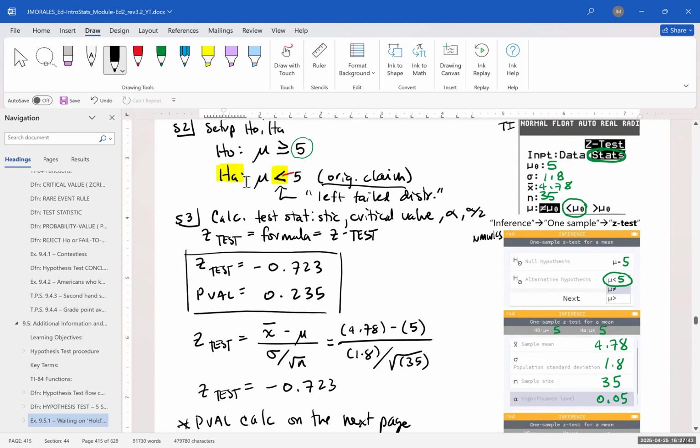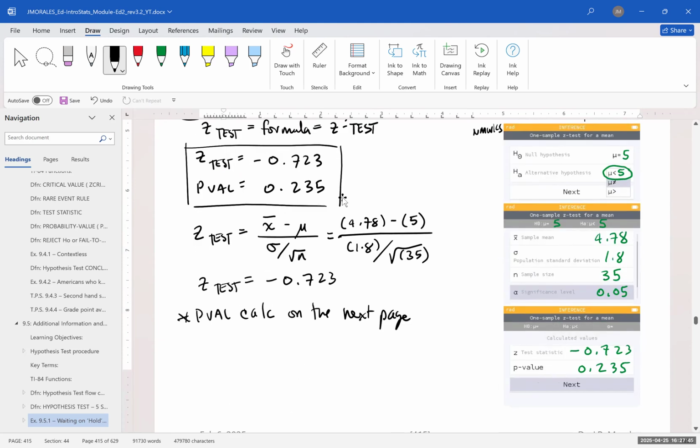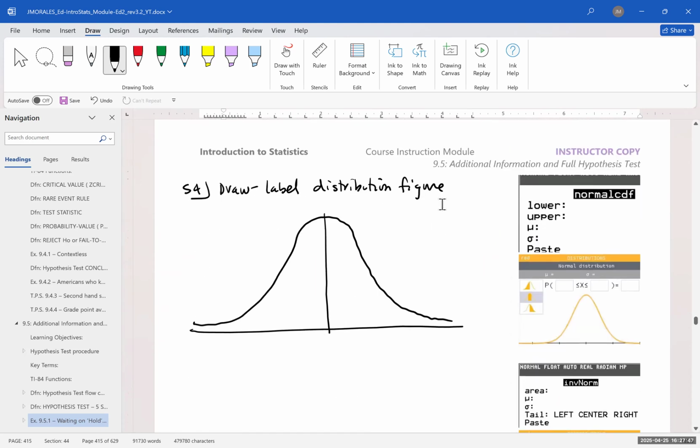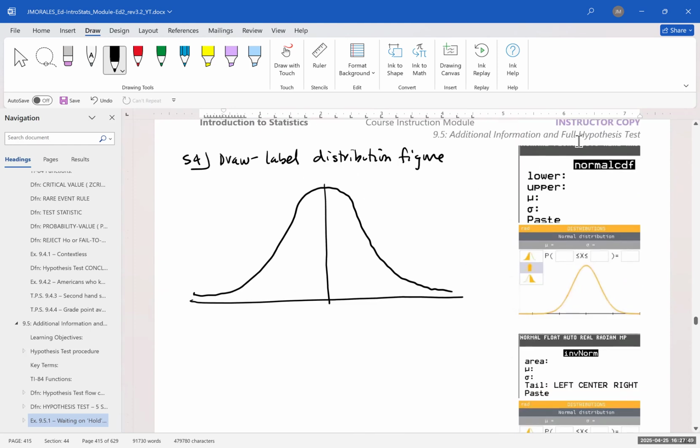Because that's what the alternate hypothesis told us. Okay, so it's left-tailed. So we're going to have a negative z critical score. This area is our significance level, and we know that that's 0.05. And we've got a confidence level then of 95%.